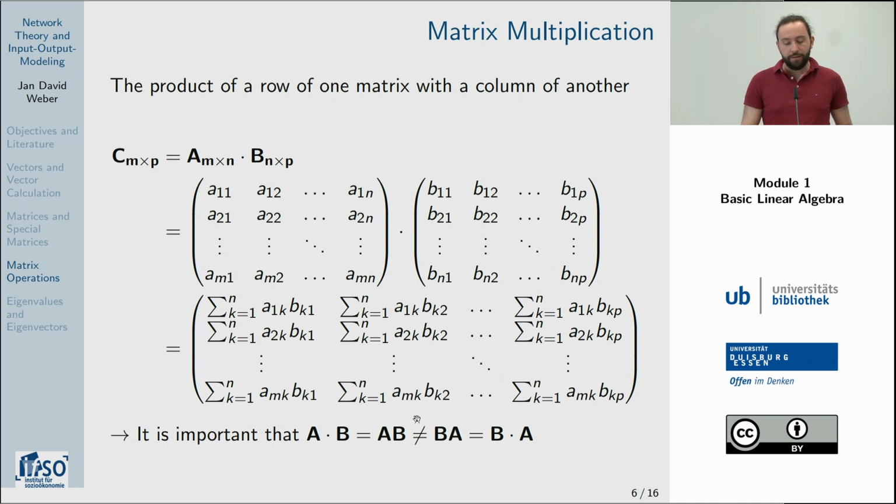We multiply that with the first column of B. So A11 times B11 plus A12 times B21, and so on. And that gives you the first element C11. It's extremely messy if you think of that. If you have a huge matrix, 70 times 82, multiplying with another matrix of 82 times 120, good luck doing that by hand. We're really glad that we have computers for that.